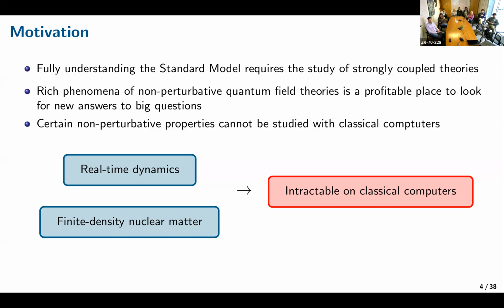There are certain non-perturbative properties of quantum field theories that have eluded all attempts to study with classical computers. These are real-time dynamics, that is, studying how some system evolves in time, and also studying physics with finite density, using a non-zero chemical potential. To further motivate the need for quantum computers, we can go into a little more detail as to why these are hard to do classically.